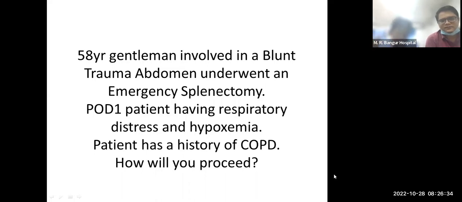What investigation will point towards the diagnosis that yes, the patient has got a deep vein thrombosis? Sir, we'll go for color Doppler studies. Yes, Doppler study can show you the deep vein thrombosis. Can you tell me what are the findings in Doppler study which point towards a deep vein thrombosis? You are doing a venous study with a venous Doppler.